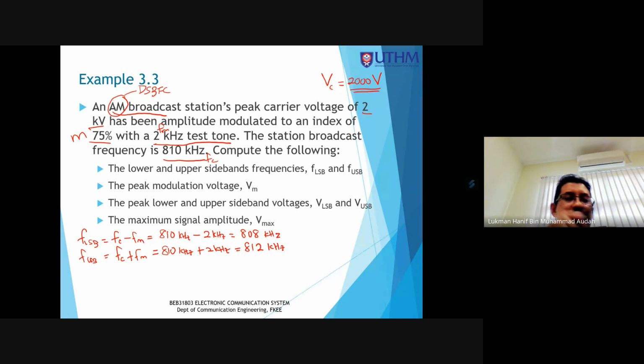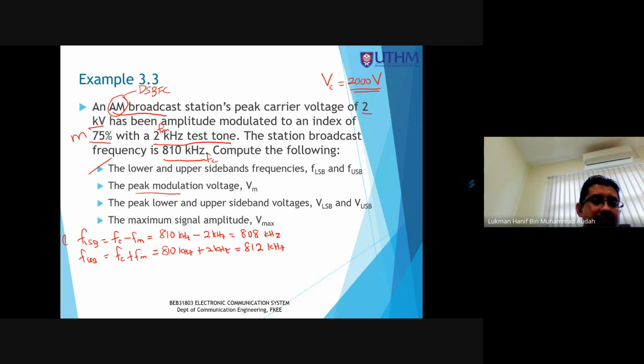The next question is the peak modulation voltage, VM. So how can we find that? We can find this based on the value of M. M is equal to VM over VC.